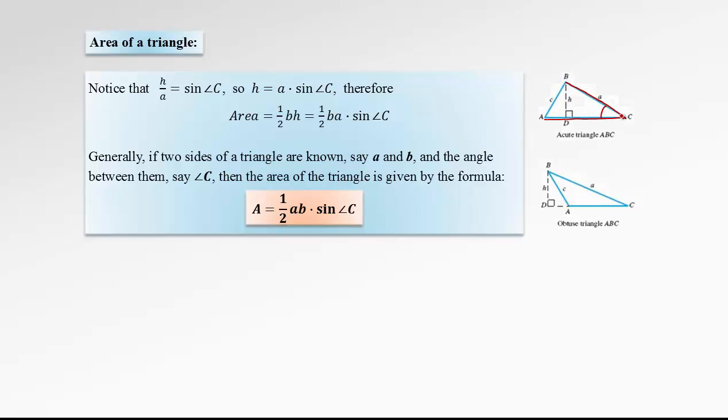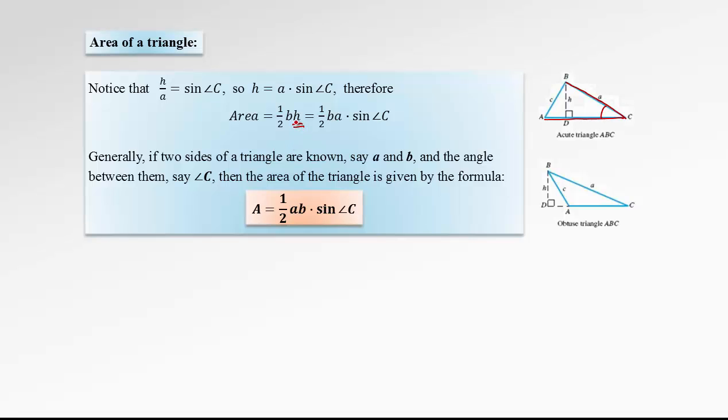Then we create a right angle triangle BDC, and the ratio of h over A is the same as sine of angle C, isn't it? So h over A equals sine of angle C. From this equation we can solve for h, which is A times sine of C. Therefore, the area of a triangle, which normally is calculated as half of the base b times the height h, can be written without using the height h.